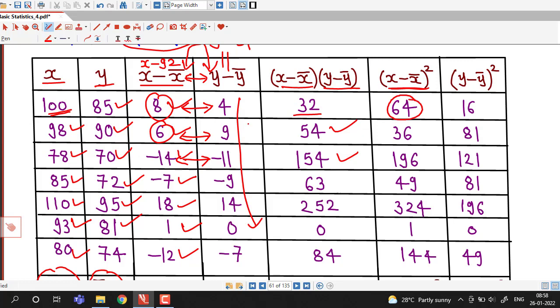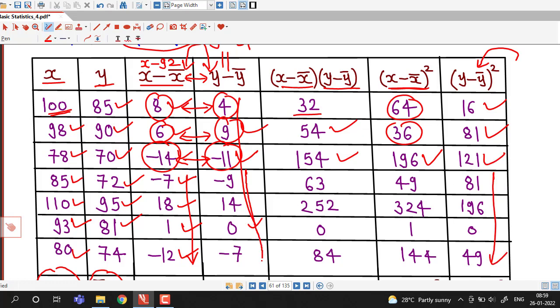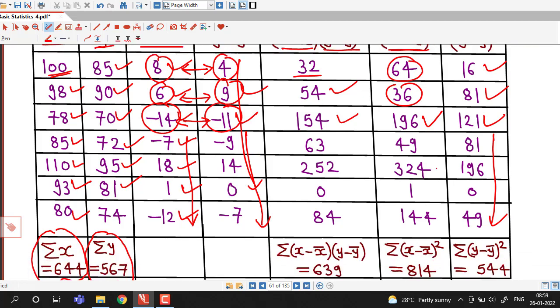Square of 8 is 64, square of 6 is 36, square of minus 14 is 196, and similarly we square each of these values and write here. And finally we have to write the square of y minus y bar. Square of 4 is 16, square of 9 is 81, square of minus 11 is 121, and so on. We find out the square of each y minus y bar.